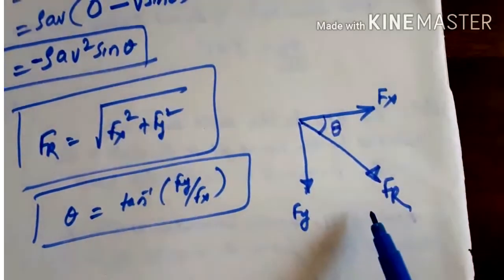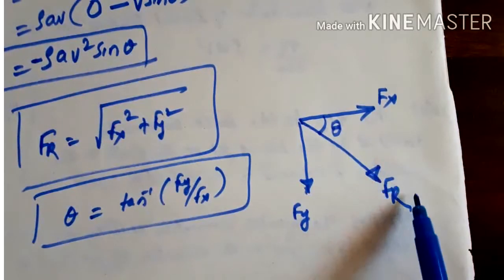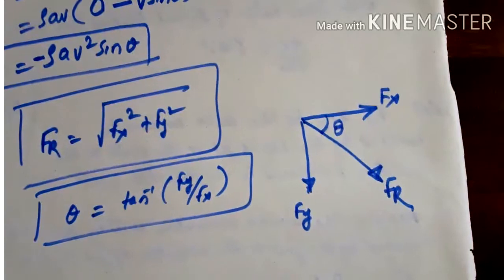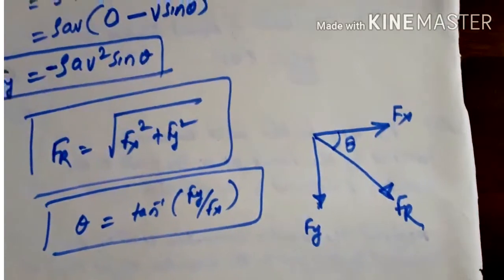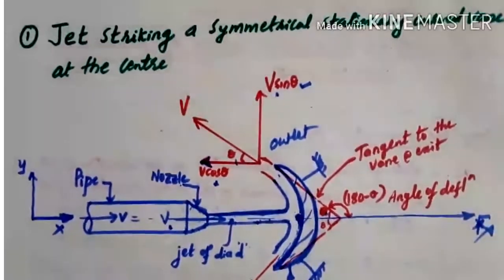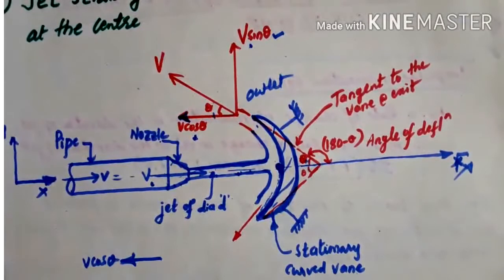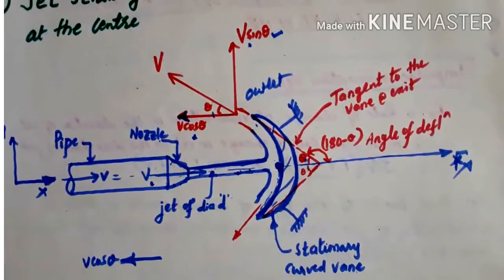This is the final representation of the force, the resultant of the jet acting. I hope you understood this one. Please practice this derivation. Also remember, you have to apply the impulse momentum principle here.